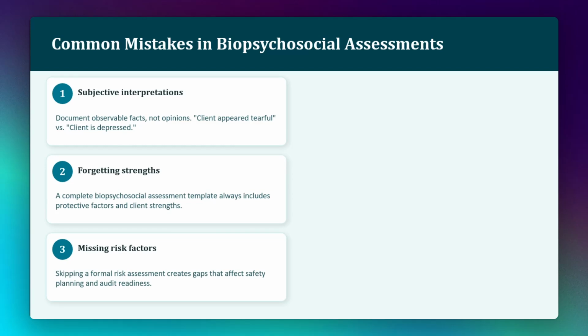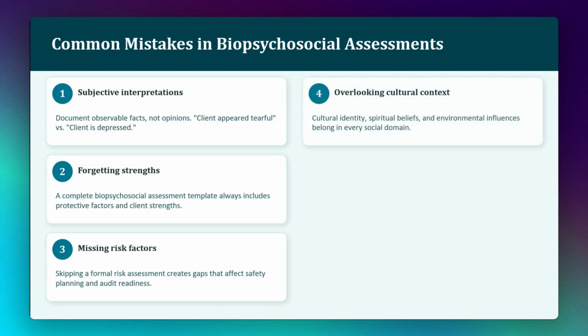Skipping it creates gaps that matter for both client safety and audit readiness. Fourth, overlooking cultural or environmental influences. These belong in the social domain and can completely change your clinical picture. A client's cultural identity, spiritual beliefs, and community context are relevant clinical data.